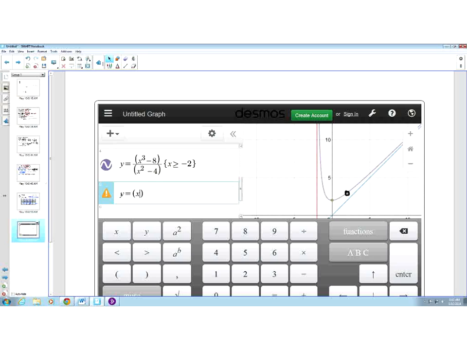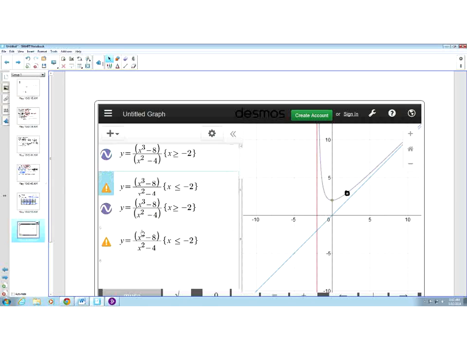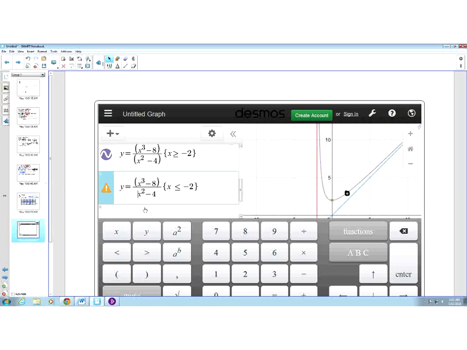Okay, so (x cubed minus 8) divided by (x squared minus 4), and x will be less than or equal to negative 2. So that'll be the remaining piece. What happened? I guess I have to put the numerator in parentheses.